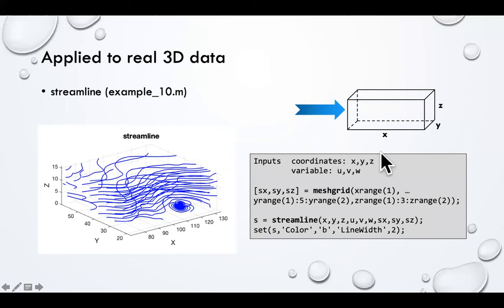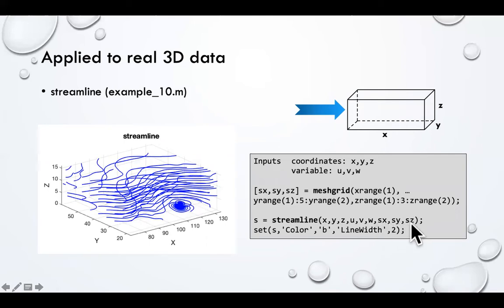As long as you have the X, Y, Z coordinates and a variable, which is your velocity, you can show the 3D data with this command. But you need to let Matlab know where the streamlines will start, so you need to put the start points at the end.